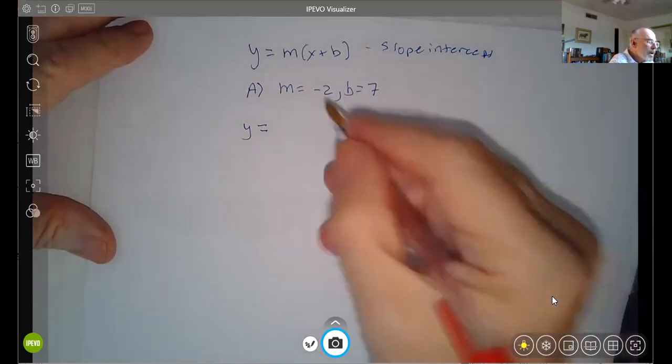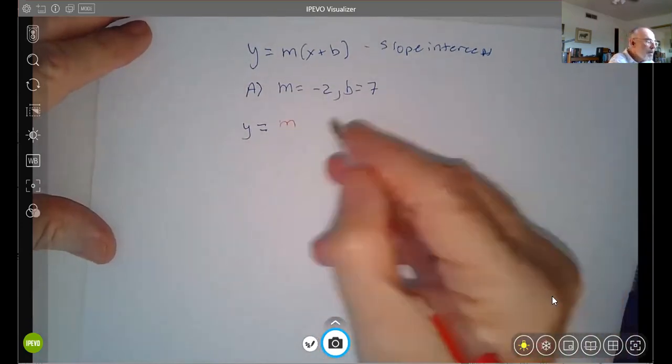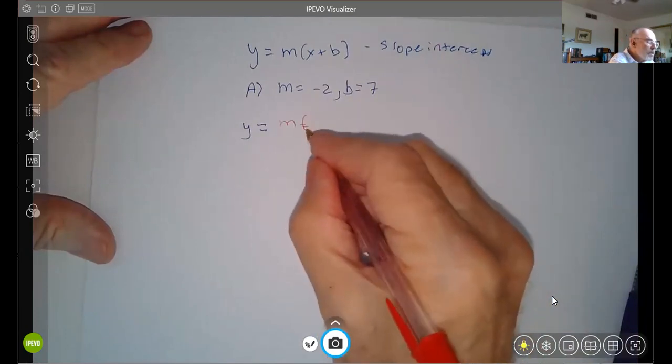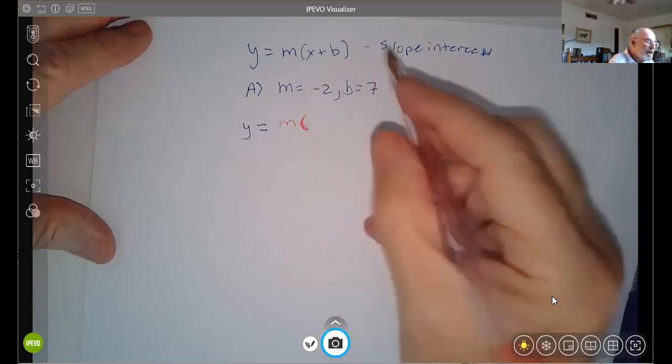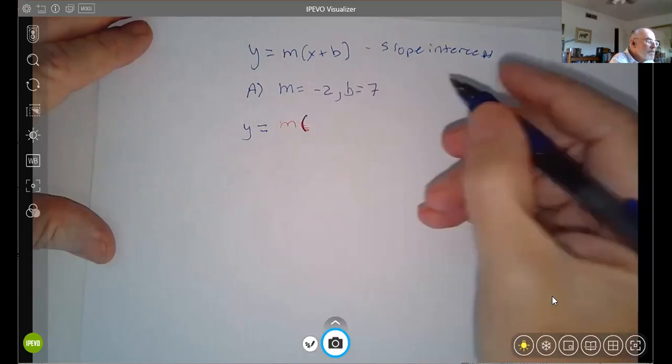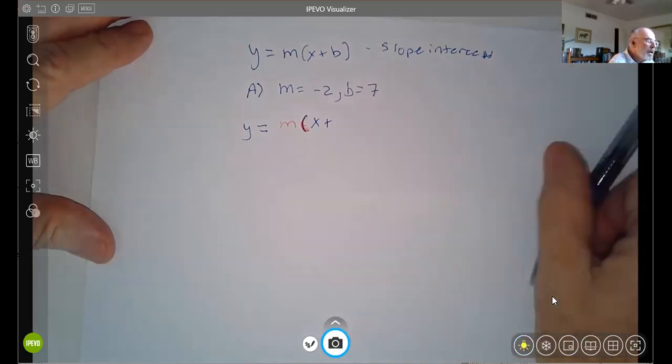So m is going to equal, in this case, -2, and we're going to multiply that times x plus, and then your b is 7.